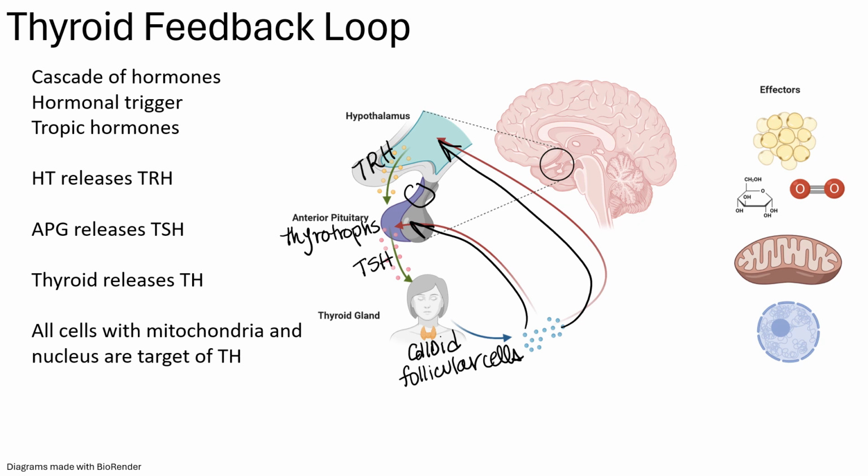Thyroid hormone, as we mentioned, its effectors are anything with a nucleus or with a mitochondria. So I just want to point out here, you've got three hormones. It is very easy to become confused. I encourage you to make a drawing of this slide or this convoluted negative feedback loop that I have. Make your own drawing.